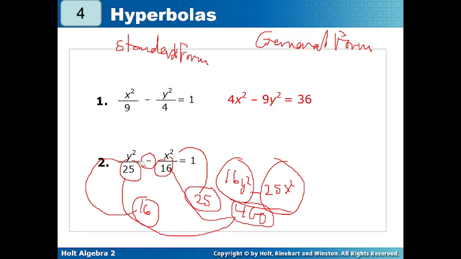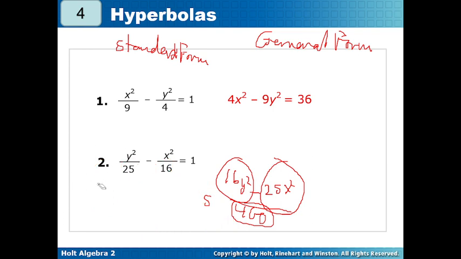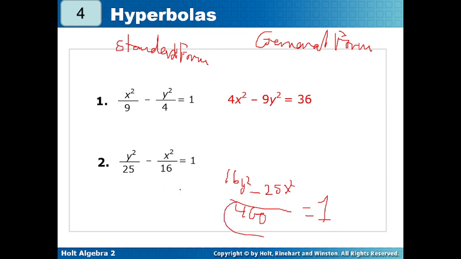Alright, so let's just fix something so that it will not be confusing. We have 16y squared minus 25x squared over 400 is equal to 1. How are you going to eliminate this denominator? In order for us to eliminate it, we're going to multiply both sides by the value of your denominator, which is 400.